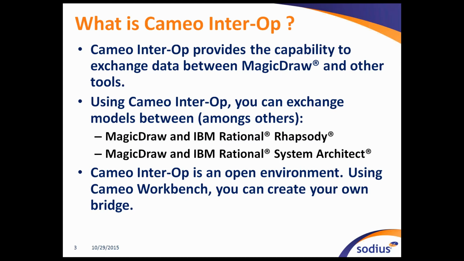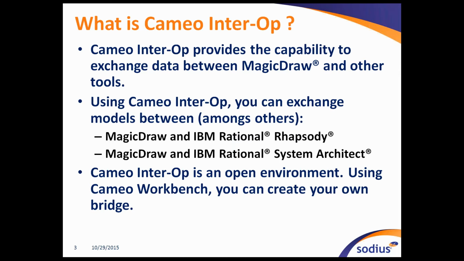So what is Cameo Inter-Op? Cameo Inter-Op provides the capability to exchange data between MagicDraw and other tools. Using Cameo Inter-Op, you can exchange models between MagicDraw and IBM Rational Rhapsody, and also MagicDraw and IBM Rational System Architect.